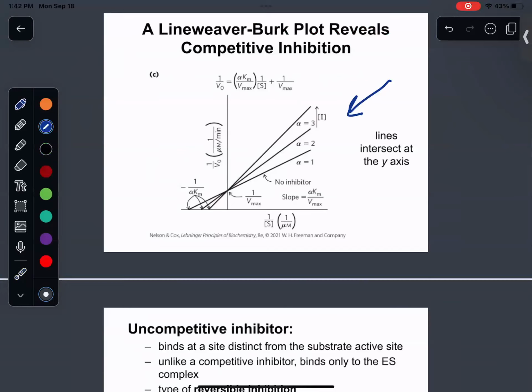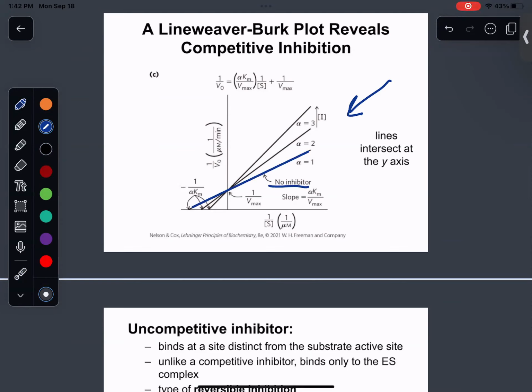We also have to recognize that this one, as indicated by the arrow here, is the one with no inhibitor. These others do have inhibitor, and we're going to see what the different slopes of these lines mean.